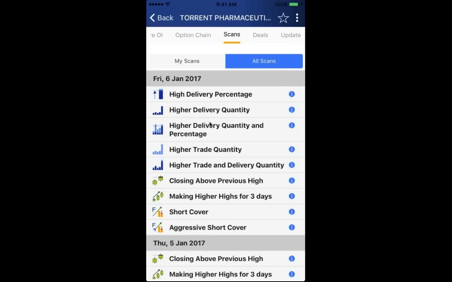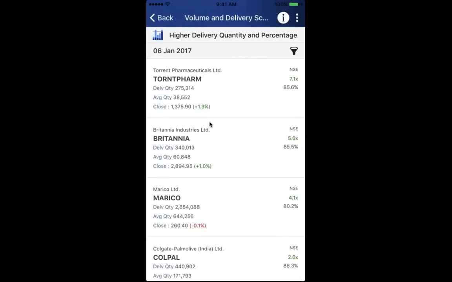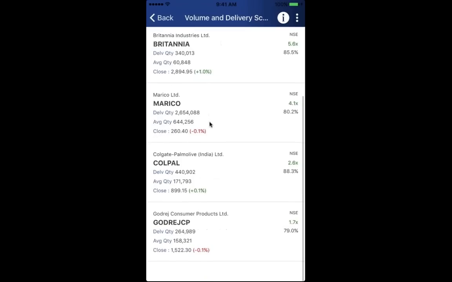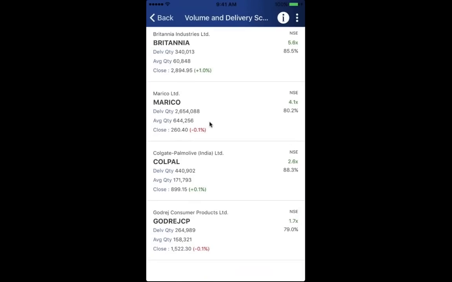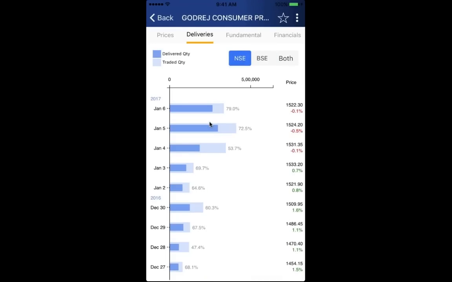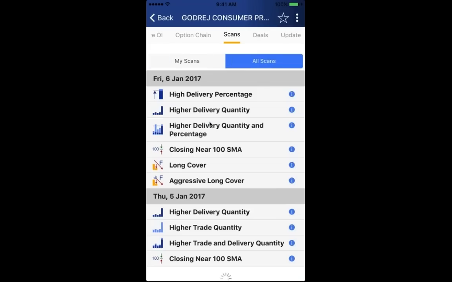So what's a long cover? The cumulative open interest and the price are both coming down. So we saw that from the price chart. Price is coming down. Open interest is coming down. So longs are exiting. So this bullishness is not that great. And it's coming down and it's coming close to my 100 SMA. So I would like to see some open interest build up, some long build up.